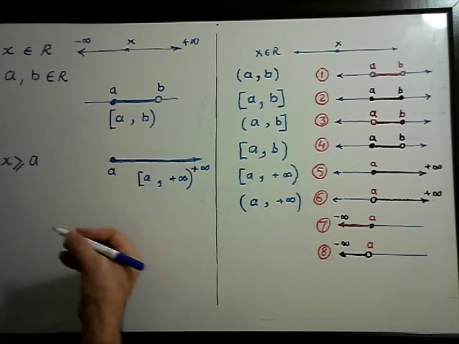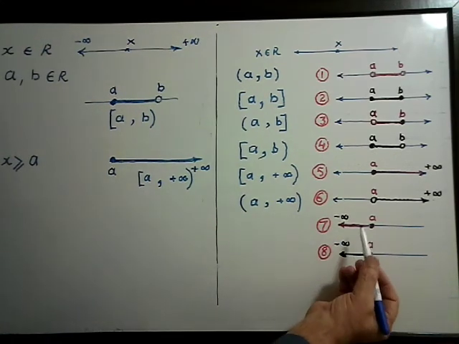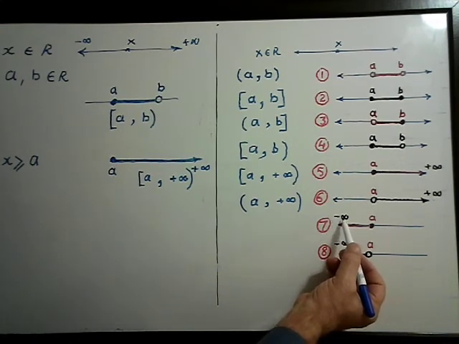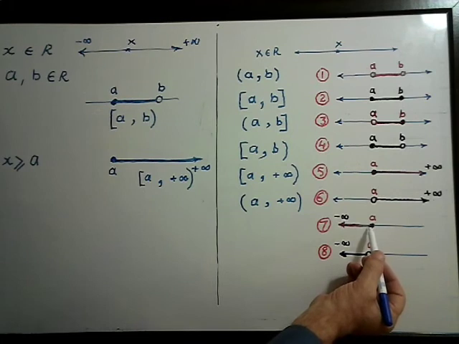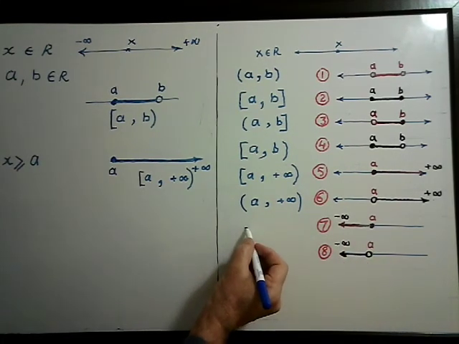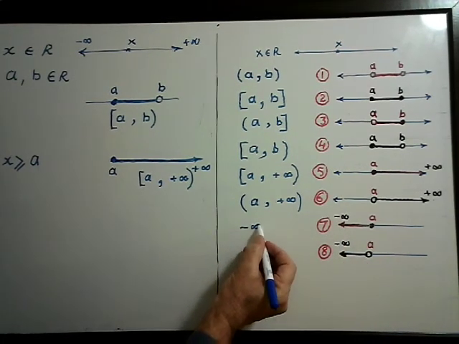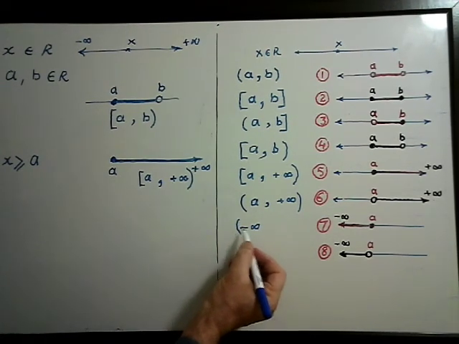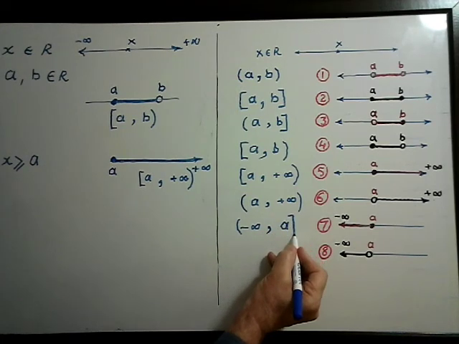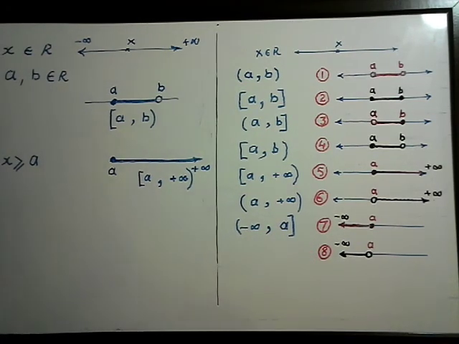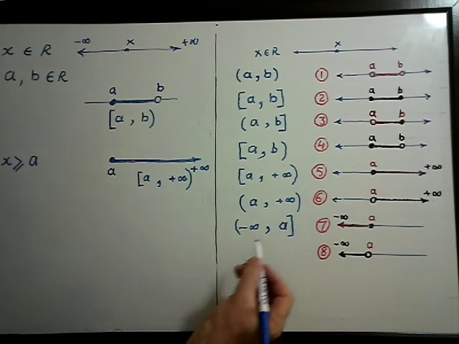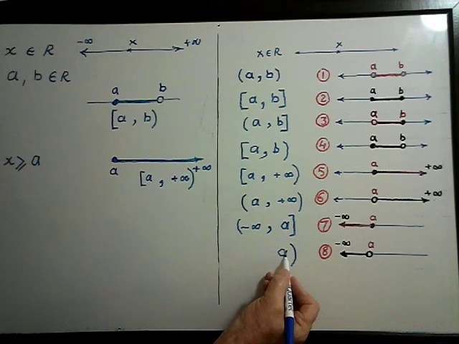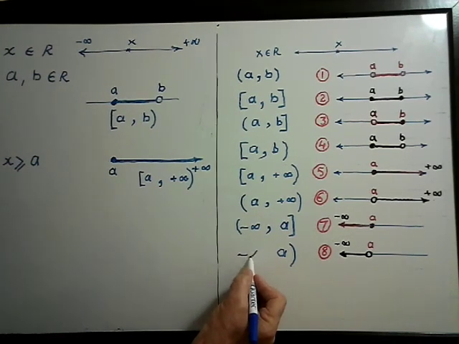In the opposite direction, when the interval starts from negative infinity till a, from negative infinity it's open. As we said, it's not a number, it's just a symbol. a is included, that means it's closed at a, and it's open at negative infinity.